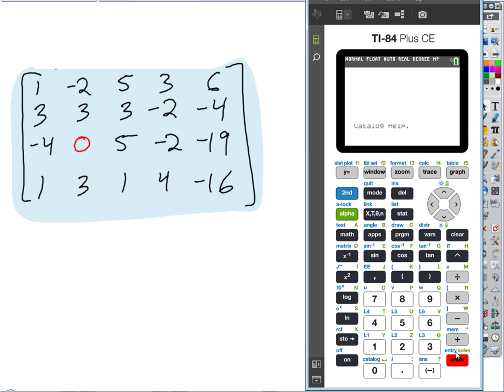Error. Uh-oh, what did I do? You didn't click enter between the 2. Oh my goodness. Can we just start all over? No. Okay.